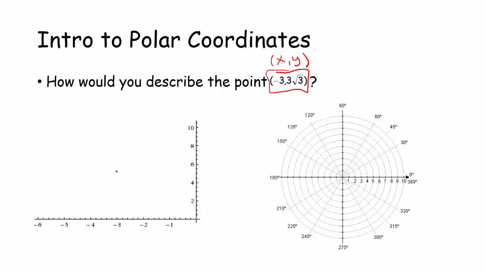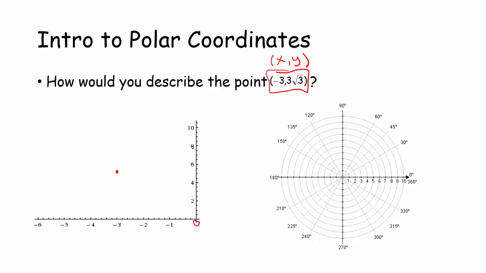Like if I start at the origin, which is right here, I could walk 3 units to the left. That's what that -3 x value stands for. And then 3 root 3 units up, and I would land on that point in space.